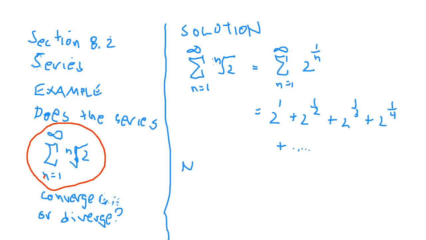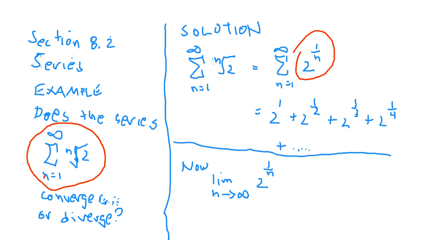Now, of course, what we care about is how the terms behave as n goes to infinity. This is the term of the series, and I want to know how that term behaves as n goes to infinity. So what would the limit of a sub n, the nth term, be as n goes to infinity?